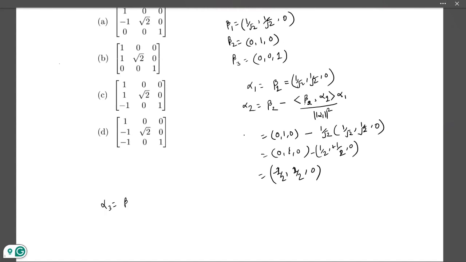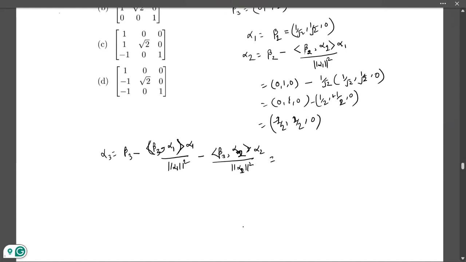Alpha 3 is just calculated from beta 3 minus beta 3 in the direction of alpha 1, sorry, inner product alpha 1 by norm alpha 1 squared, minus beta 3 in the direction of alpha 2, projection I'm taking, by norm alpha 2 squared. What are we getting here?